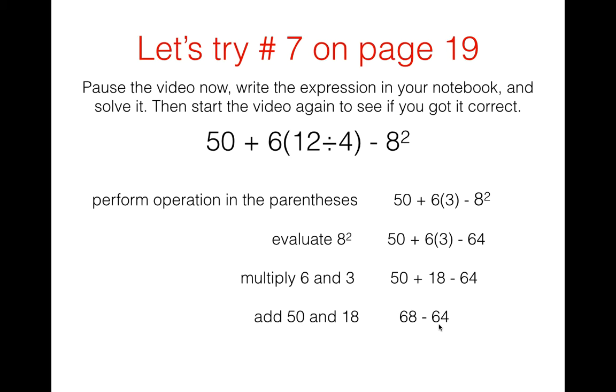And then you're going to subtract the 64 from that. And you end up with 4. Did you get it right? I hope so. If you want to, you can pause this and go back and see what you did incorrectly. Okay, let's move on.